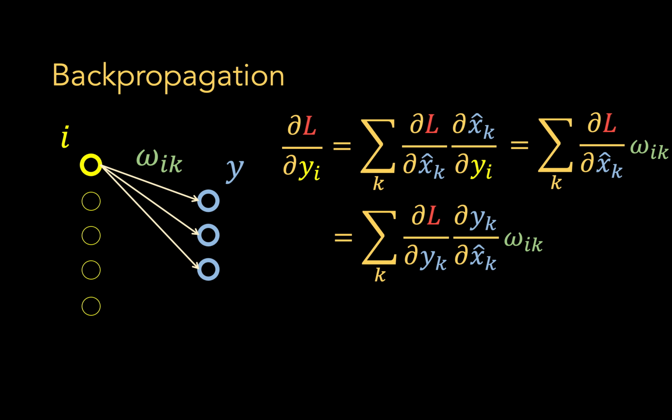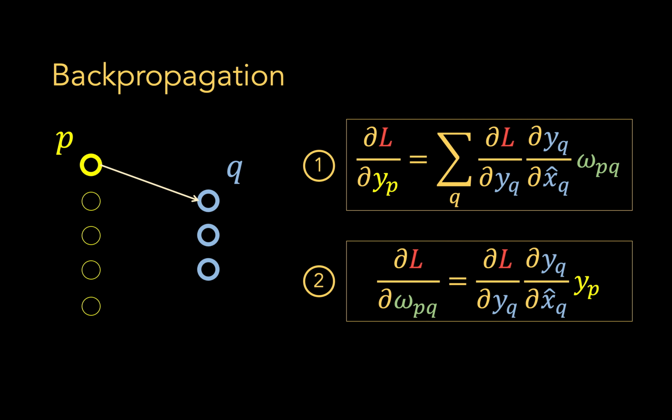One is dL over dy_k, where y_k is the output of the neurons of the next layer. And then dy_k by dx̂_k, which just depends on the activation function. And then ω_ik, which is just the weight, which is already known. Hence, it is very feasible to calculate dL by dy for the previous layer.